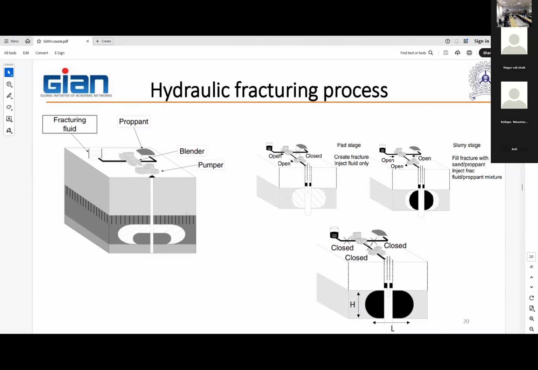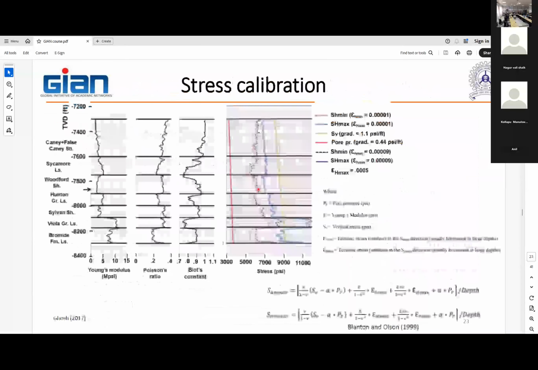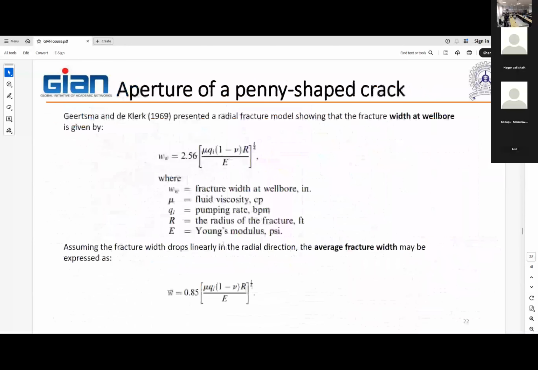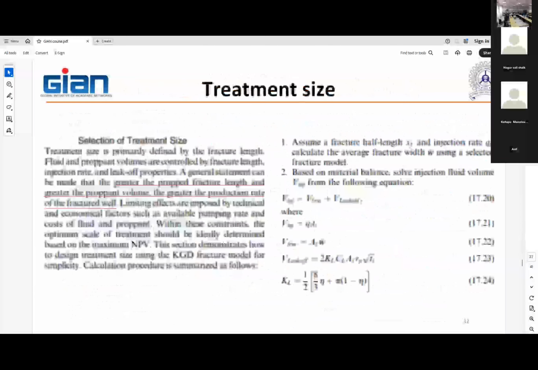If your reservoir has higher thickness compared to the fracture height, then that ratio will be greater than 1, okay. So that is your RP, and root over T. T is the total amount of time you injected the fluid.